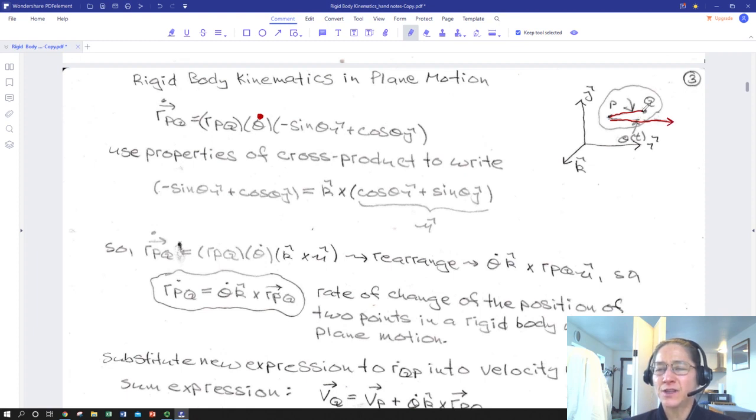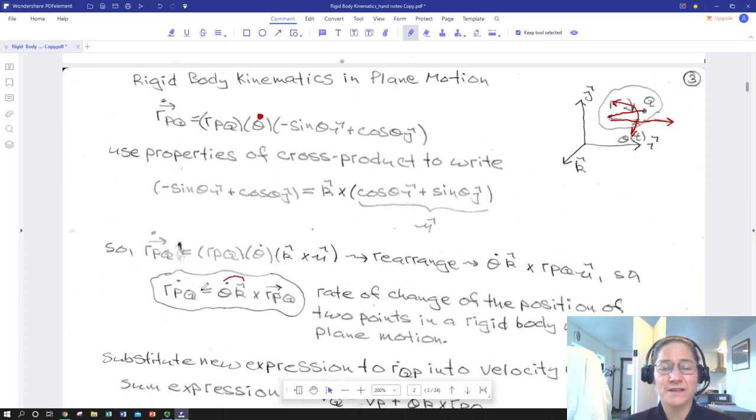If we imagine this angle theta changing, this is like a rotation one way or another in the ij plane. So as it rotates back or forth, the vector direction of that rotation is going to be in the k hat direction. So if we rearrange like this, we now are associating the vector direction of the angular velocity with the magnitude of the angular velocity.